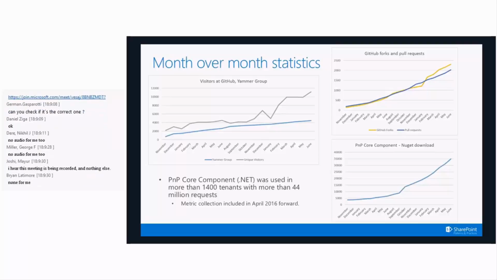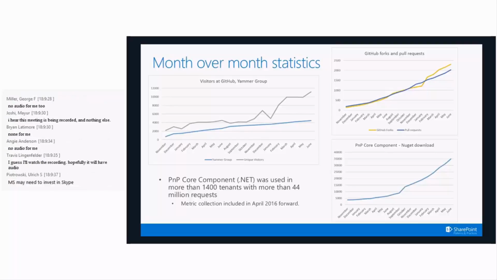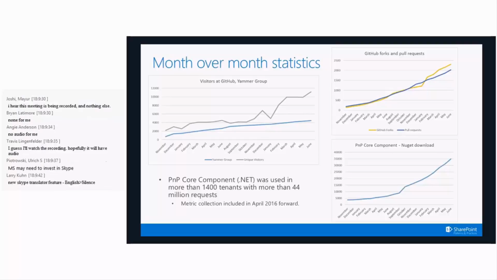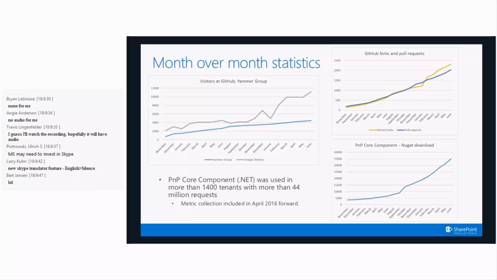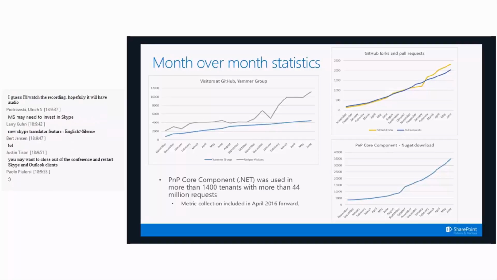During May, more than 1,400 tenants were using the CSOM core component, and that resulted in more than 44 million requests altogether. That is most likely growing quite fast in the future as well. The number is going to get bigger because we added this tracking in the April release. So if you are currently using an older release, then the tracking is not there. And more people are using the newer releases as well.